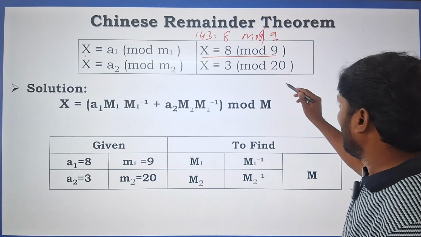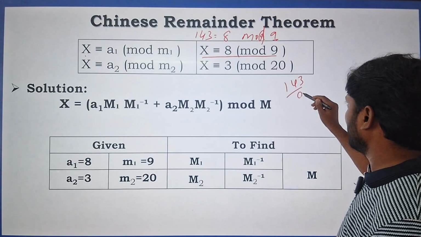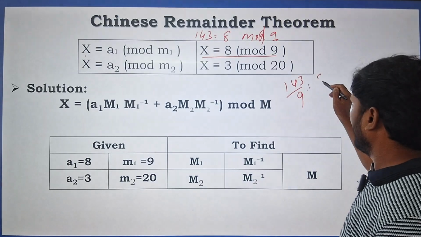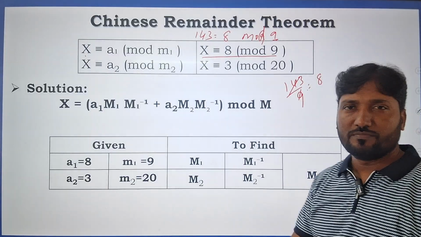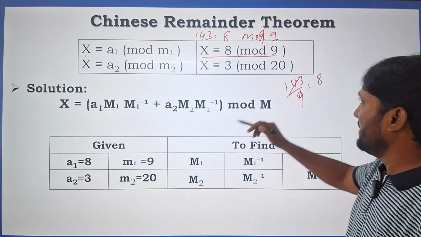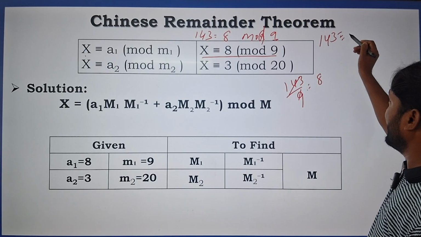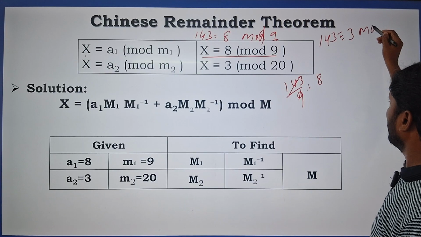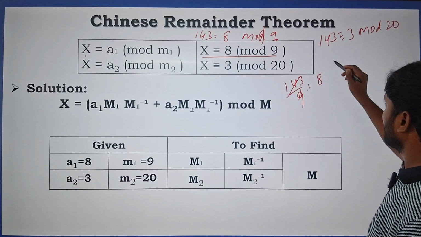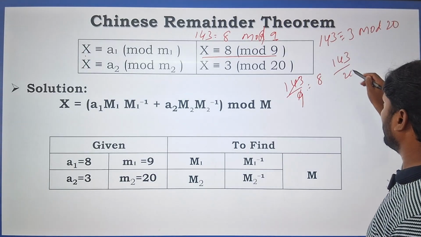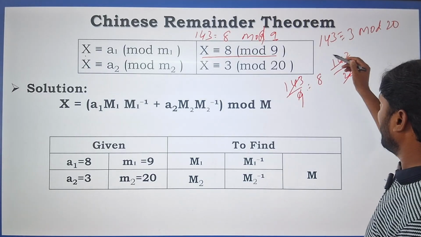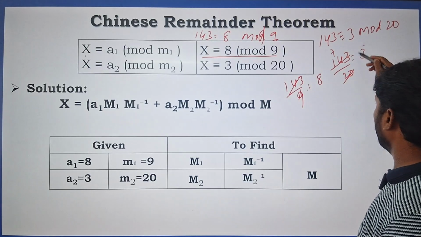That means 143 divided by 9, we get 8 as the remainder. Is it right? Similarly, take 143 congruent to 3 mod 20. That means 143 divided by 20: 20 sevens are 140, and the remainder is 3.